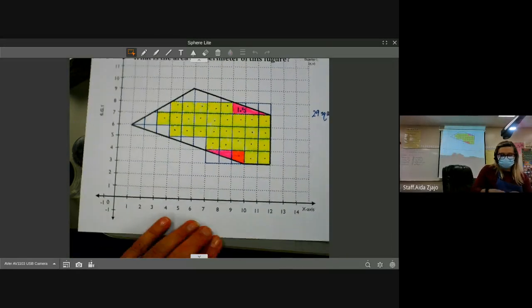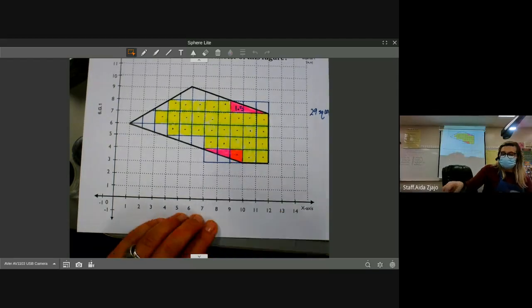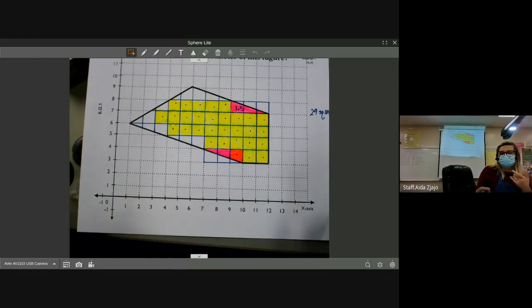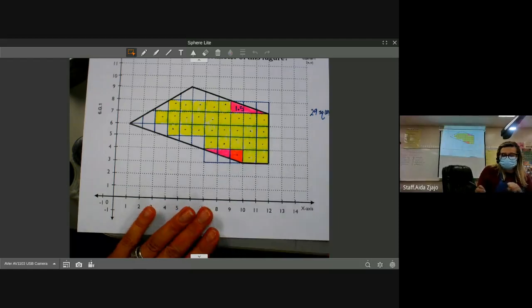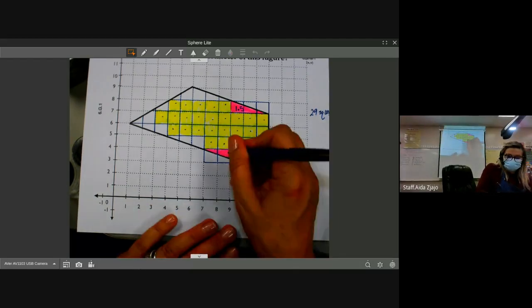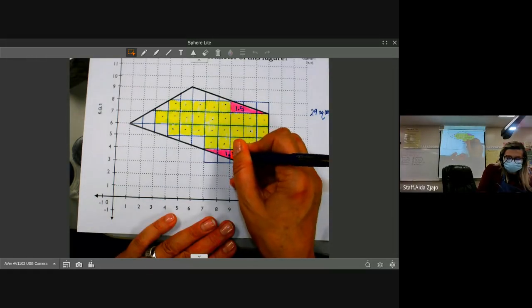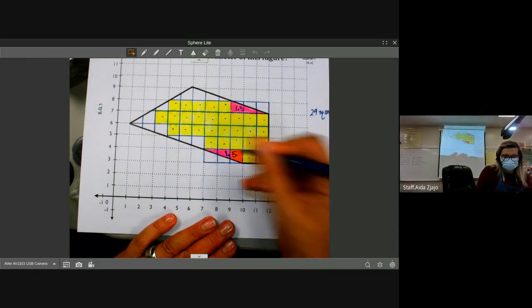One, two, three. 3 is a whole rectangle, and we don't need a whole rectangle. We only need this pink triangle, and that is 1.5. 1.5, same as the one that we had before.